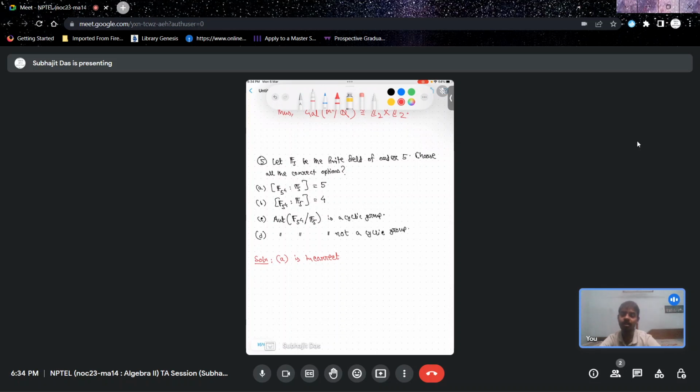Let's suppose the dimension is n, or the degree is n. Now you have a base field which has order 5, and if you take an n dimensional vector space over this base field, then the vector space should have 5 power n elements, right?